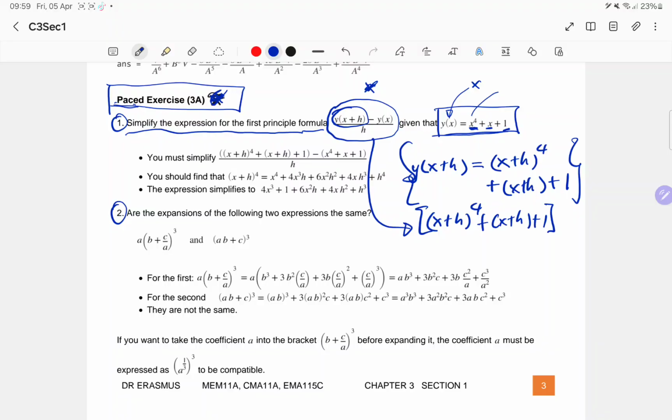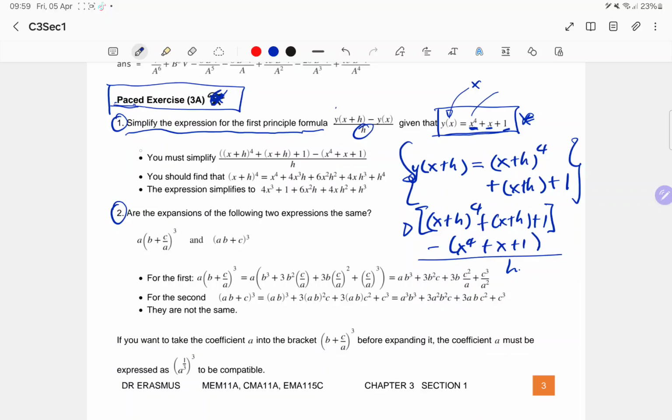You can put a square bracket. The second term is given by y of x, so you're going to say minus x to the power 4 plus x plus 1. Remember, this is all divided by h. So this is the first step.